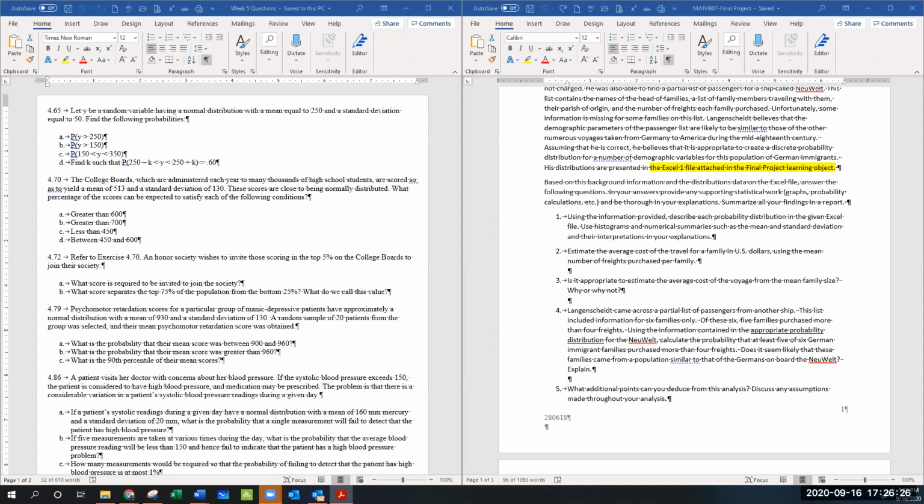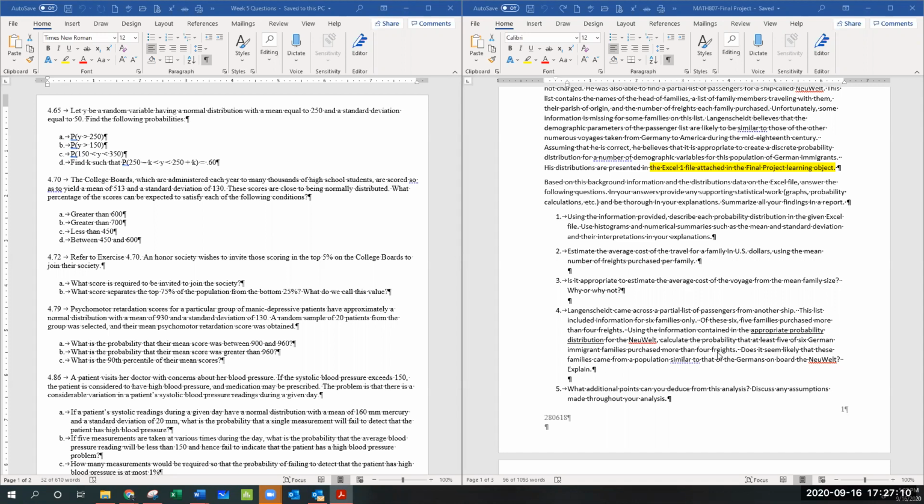Okay. So step one is we know what the probability is. So we have a P of 0.05. So now we can run a simple binomial CDF with a sample size of 6, because in this one we had 6 families, and we're trying to find the probability that at least 5 of them purchased more than these things. So our sample size is 6. Our number of successes is 4, because we're going to do a CDF of 4, which is going to give us the probability of 0 through 4, and then we're going to subtract that from 1, and that's going to give us the leftover probability of 5 or more, 5 or 6.